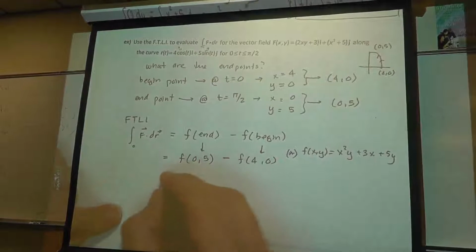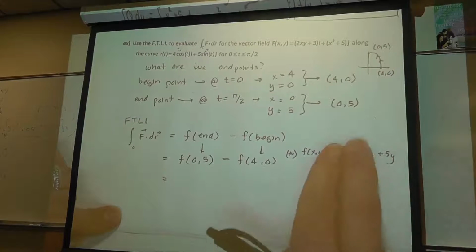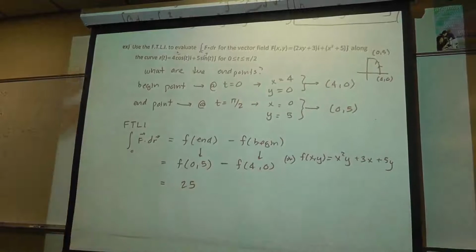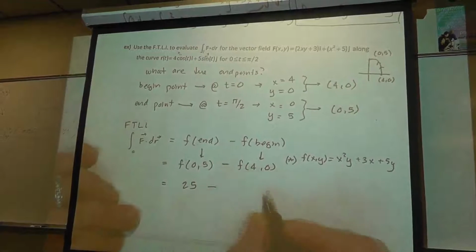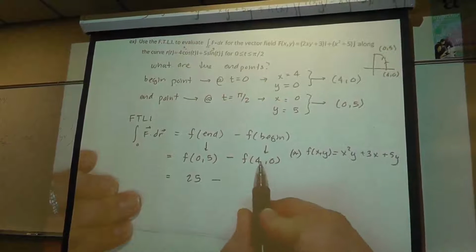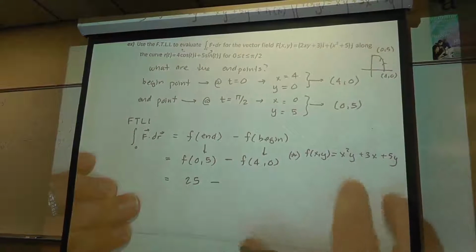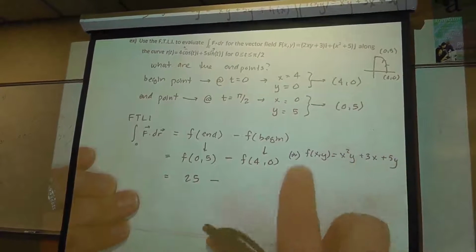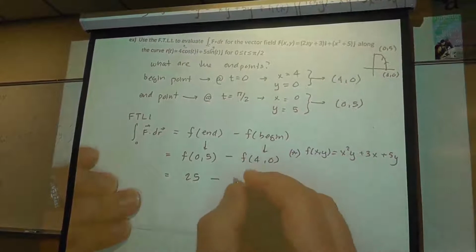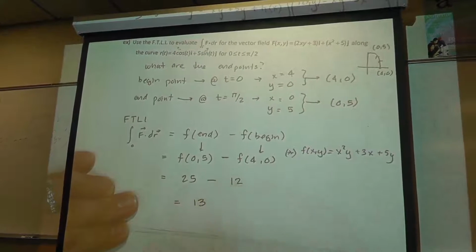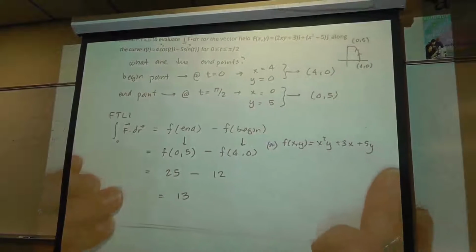So 0 for all these x's wipes out the first two terms. You're left with 5 times 5. So this should give you the value 25. When I do take a fresh copy of your potential function and now plug in 4 for x and 0 for y, so 0 for y wipes out the first and the third term, and then the middle term is 3 times 4. It should be a 12. So you should get a value of 13 for this line integral.